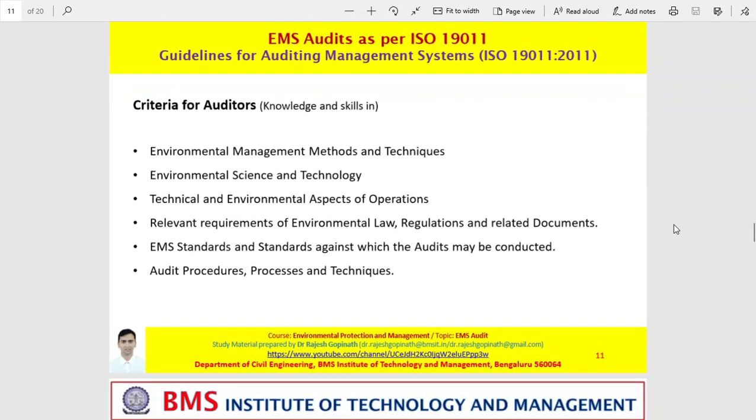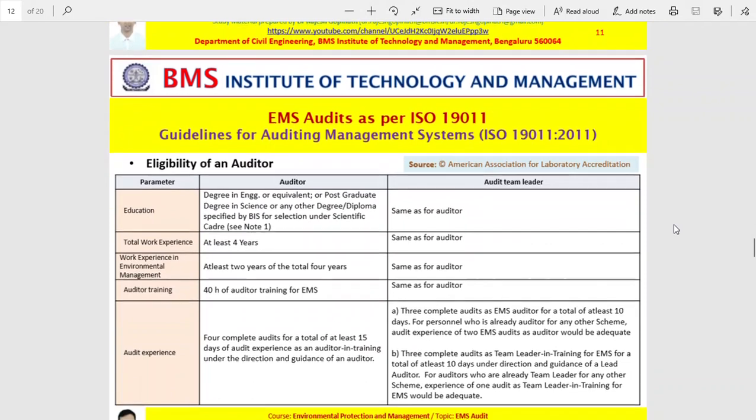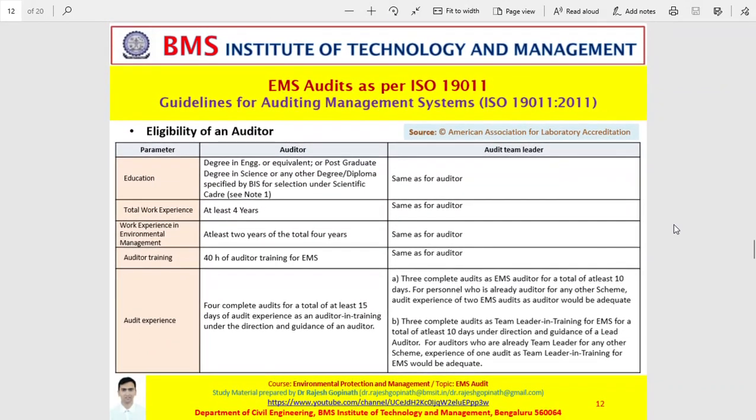Slide 12. Now let us try to have a glimpse of the audit team, that is the team leader and the auditor. What is that they basically should be equipped with in terms of qualification, experience and training.